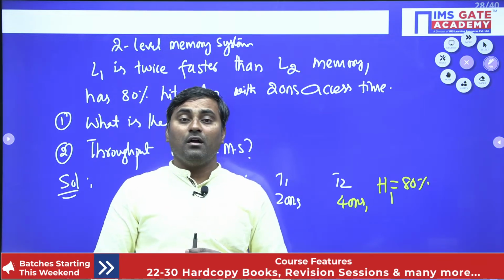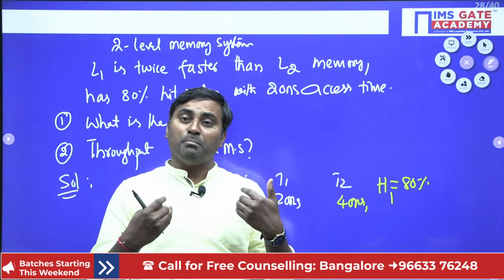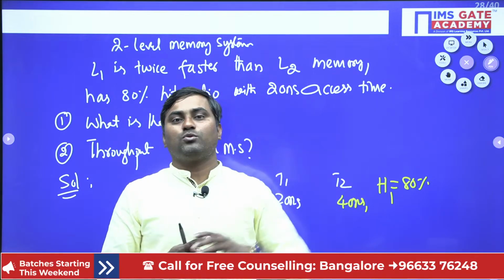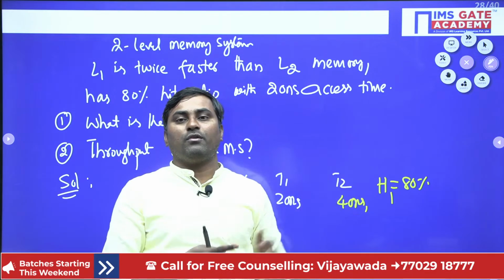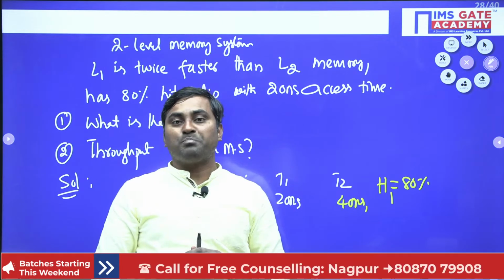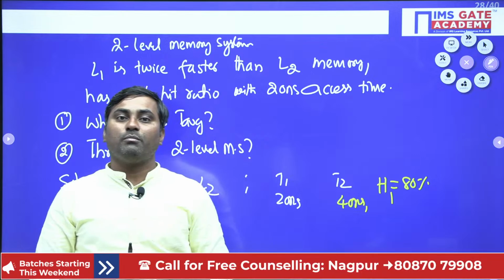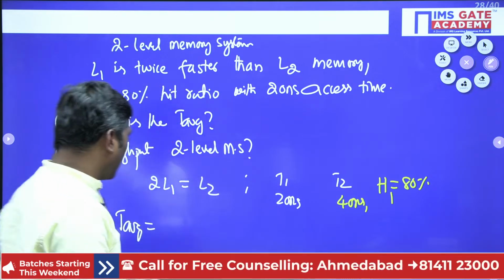If they say I am searching level 1, and if there is a miss in L1, I am going to search level 2, or some words are transferred from level 2 to level 1, then we can go with the level by level connection. Otherwise, parallel connection only.